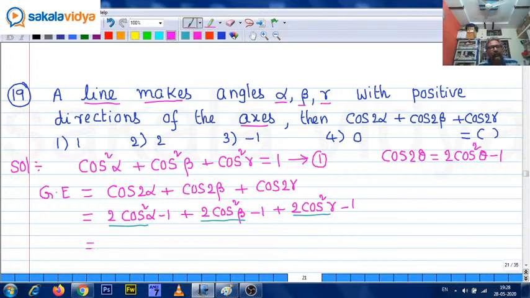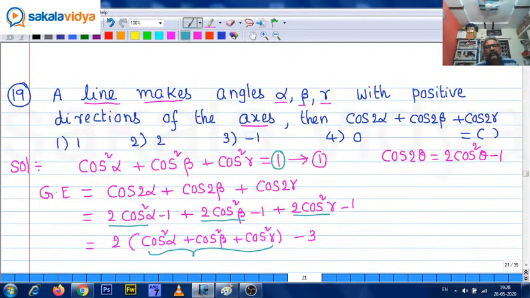We get 2 times cos square alpha plus cos square beta plus cos square gamma, minus 1 minus 1 minus 1, that is minus 3. Now in place of cos square alpha plus cos square beta plus cos square gamma we can substitute 1. So 2 times 1 is 2, minus 3 equals minus 1. So which is the right option? Yes, option 3 is the right option.